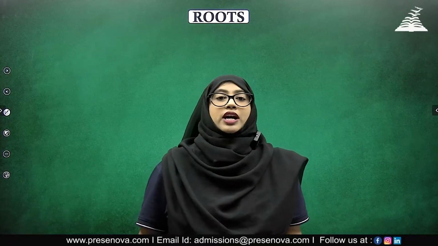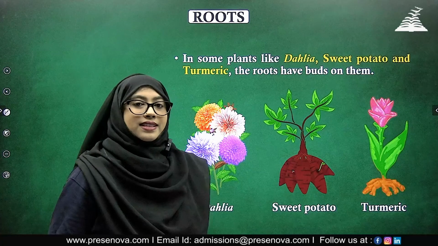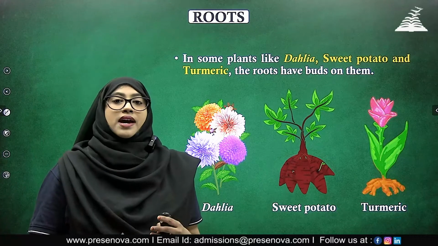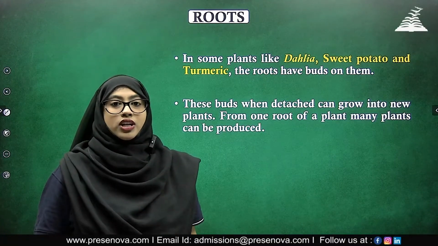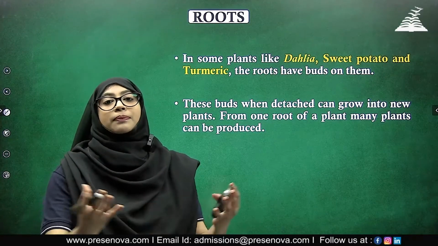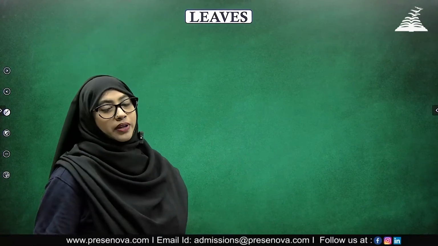Coming on to the root, a natural method of vegetative propagation: here in certain plants such as dahlia, sweet potato and turmeric, the roots bear buds in them. And when these buds get detached, they form a new plant, and from one root many plants are produced. Leaf is also a natural vegetative propagator.